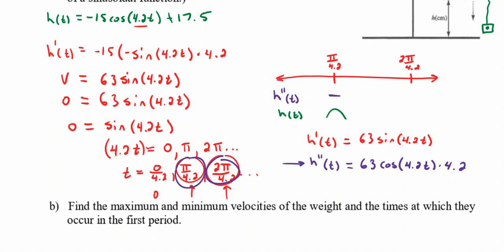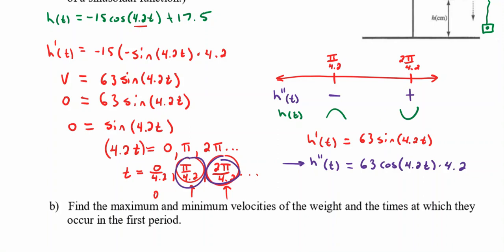All right, let's do the next one. If I threw in 2 pi over 4.2, the 4.2s again would cancel. That'd be cos of 2 pi, which would just be positive 1. So that's going to be coming out positive, which means this thing is going to be opening up. So that must be a min.